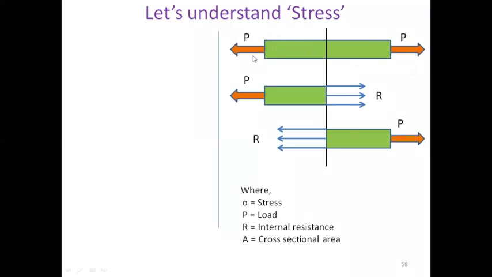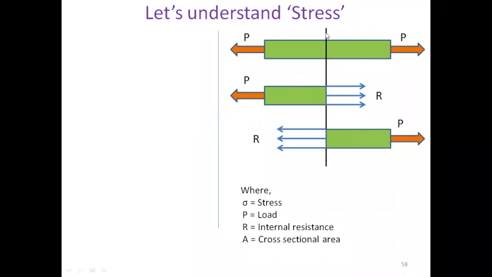The nature of the force means tension or compression. As force P is pulling the green bar away from the body on the left, and also away from the body on the right, from both ends force P is pulling the bar, meaning the bar is subjected to a tensile force of magnitude P. Right? Now focus on the second image, the middle one.